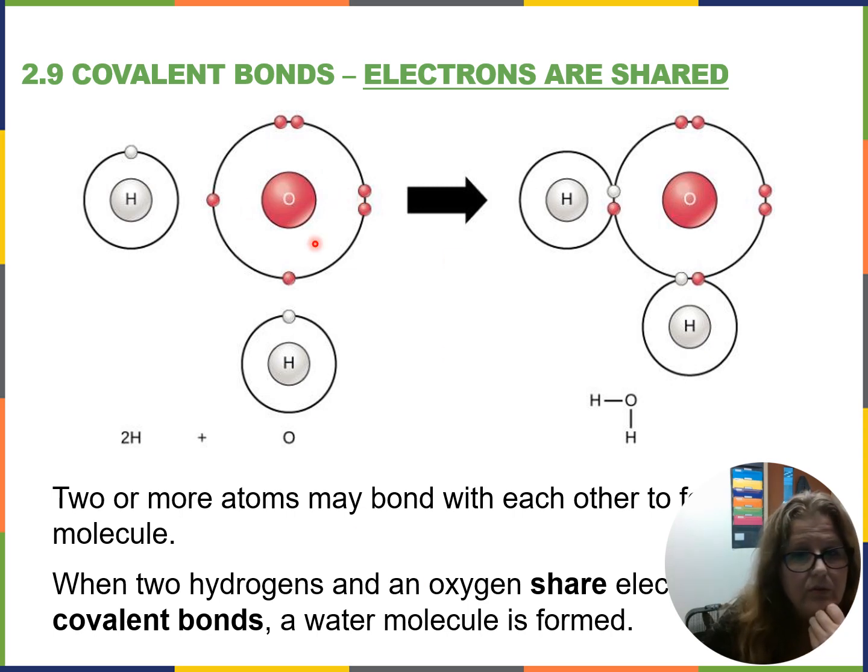So it will bond with 2 different hydrogens. They will share the electrons, and now all 3 of those atoms have a full outer shell, so they are more stable. When electrons are shared between atoms, it is called a covalent bond.